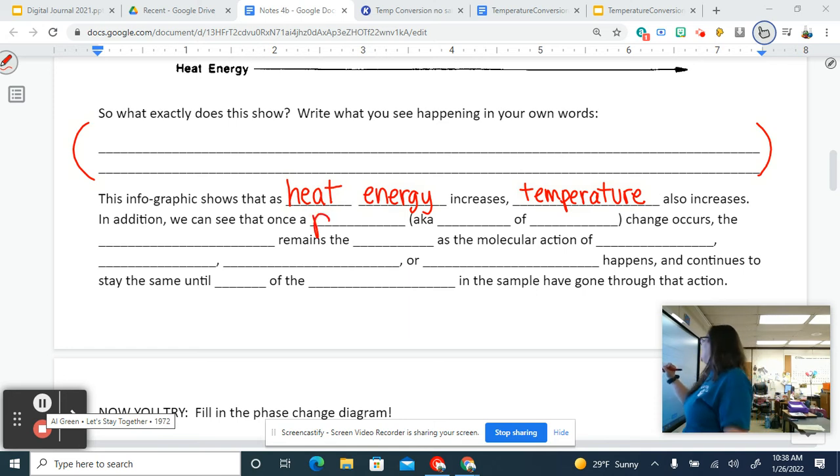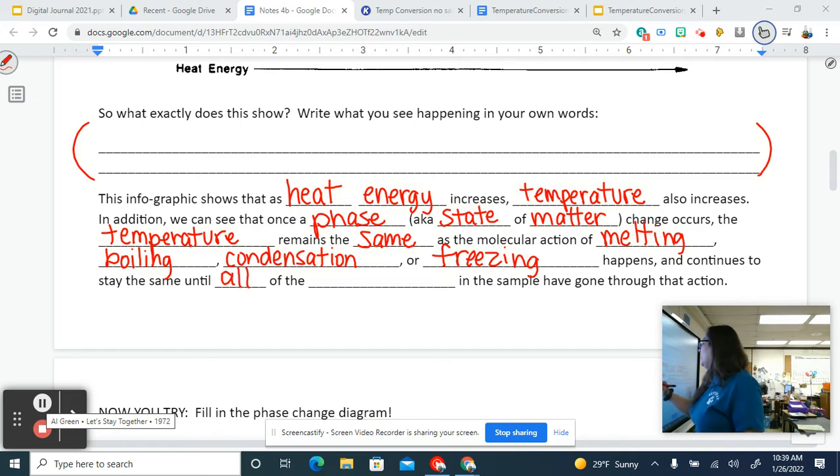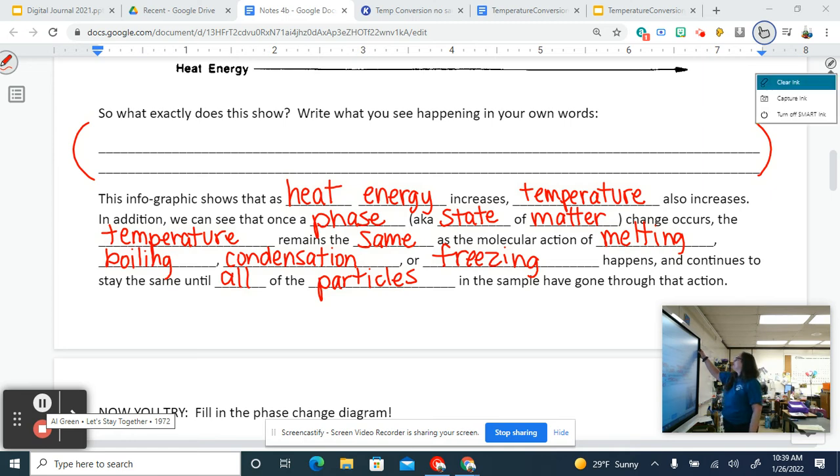In addition, we can see that once a phase, and that's just a fancy way to say state of matter, so a phase change or a state of matter change occurs, the temperature remains the same as the molecular actions of melting, boiling, condensation, or freezing happen, and continues to stay the same until all of the particles in the sample have gone through that action. Whew. All right, pause it if you need to. I'm clearing it and moving on.